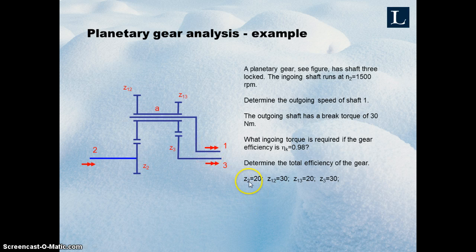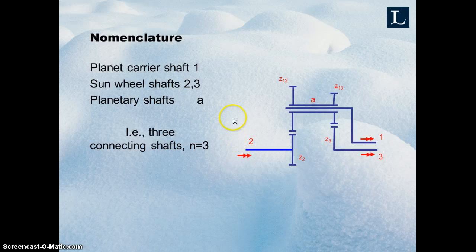We also have a number of gear teeth given for the different gear wheels, and of course we also have the gear efficiency given, but we won't bother about that right now. We'll do that when we come to the torque analysis. Okay, so just to have a look at the nomenclature, we have 1, 2, 3 and A, the same way as I described previously.